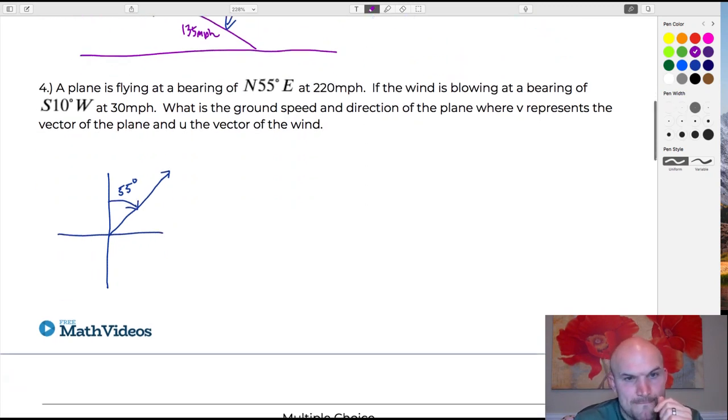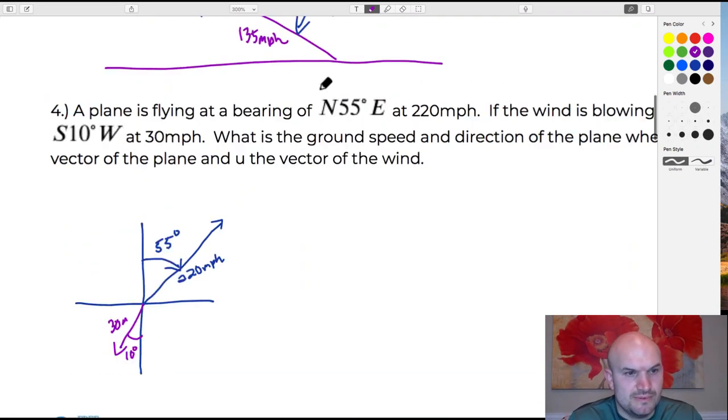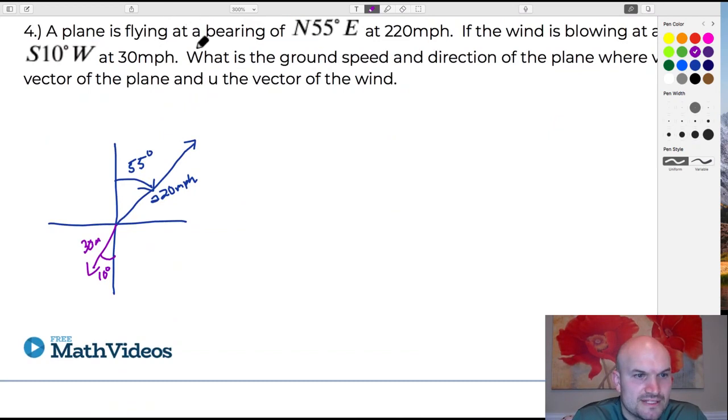The wind is going to be south 10 degrees west, but that's only going at 30 miles per hour. So actually, let's put that back up there. So that's 220, and then now I'm going to go south 10 degrees west. So that is going to be 10 degrees, and that is only at 30 miles per hour.